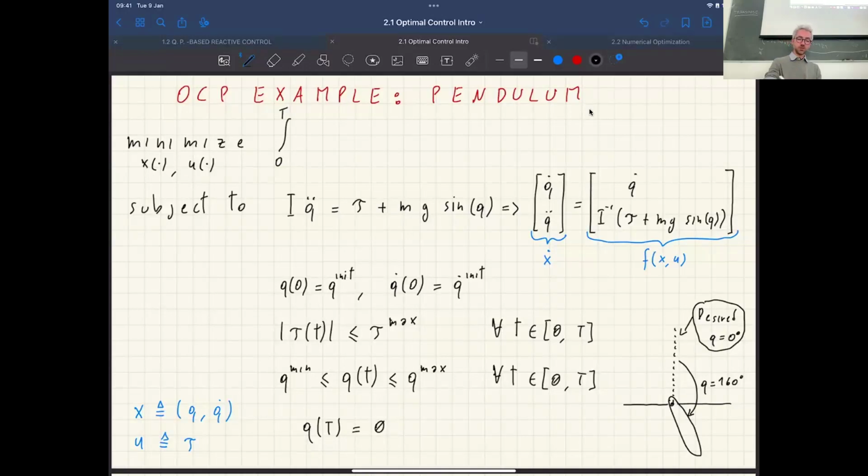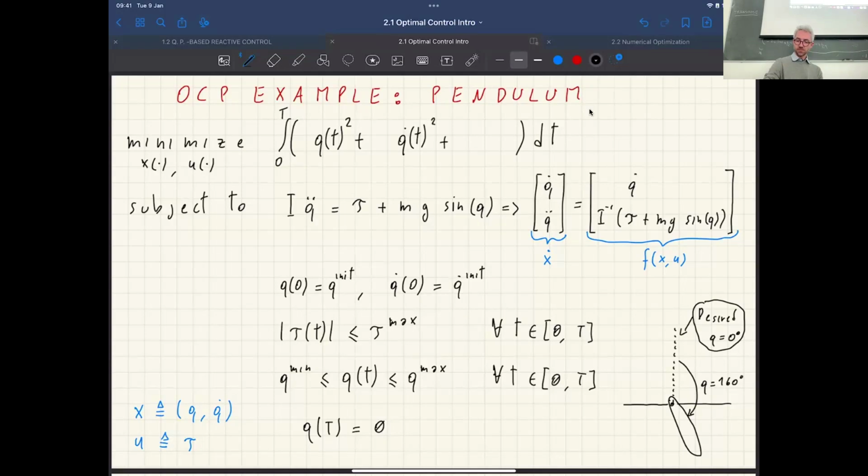The joint angle. Squared, always squared.